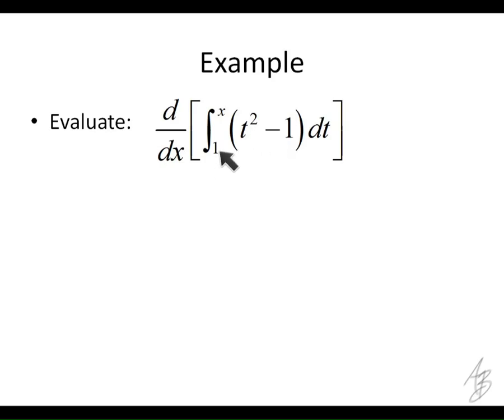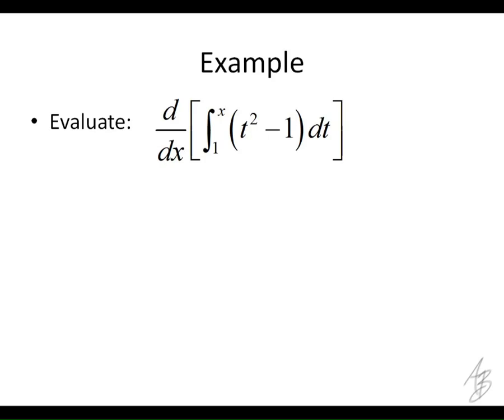It doesn't matter what the lower bound is, as long as the lower bound is a what? It's a number. It's got to be a constant. As long as the lower bound is a constant, then the derivative of the integral, with the upper bound of the integral being the variable, is just going to be the integrand.